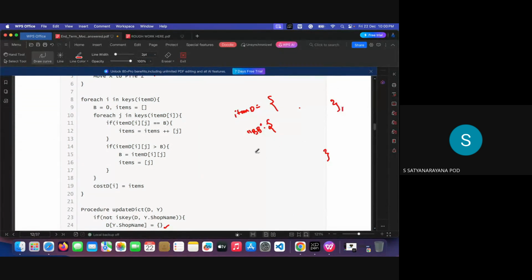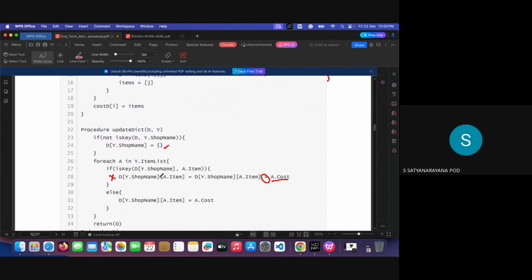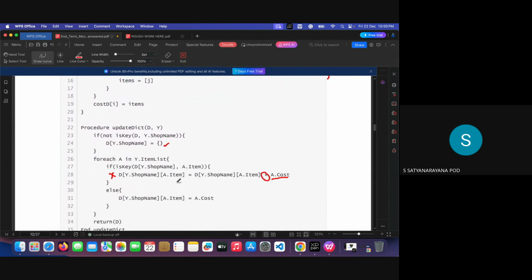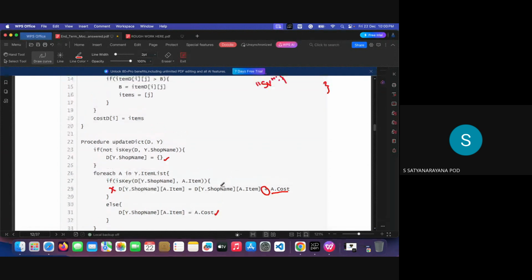Similarly, the same dictionary is created for SV stores. Inside this, a for loop is executed again. In that particular shop, under the key of the shop name, if the item is found to be a new item in the bill, say the first item food you are tracing, it means food does not exist. Simply we are sending the cost of the food here.